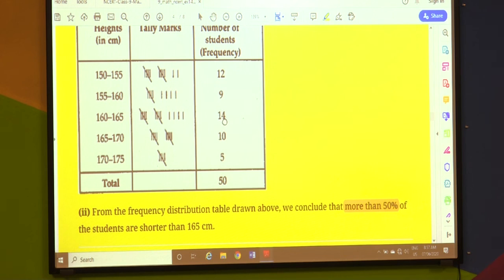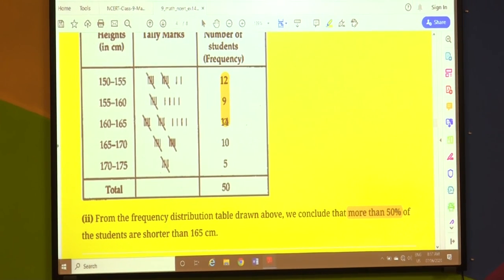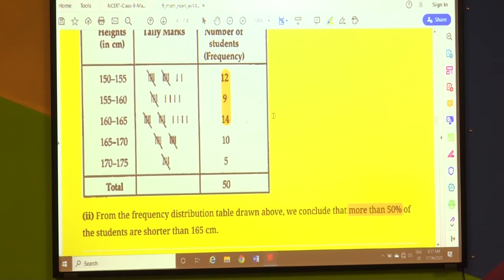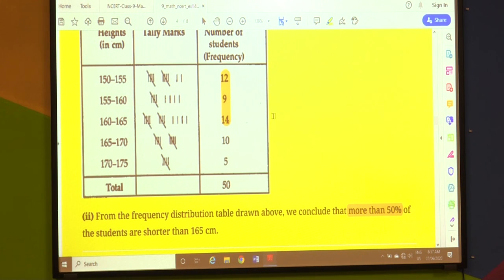Less than 165 centimeters height is 12 plus 9, 21, 21 plus 14, 35. Out of 50, 35 students have height less than 165 centimeters.